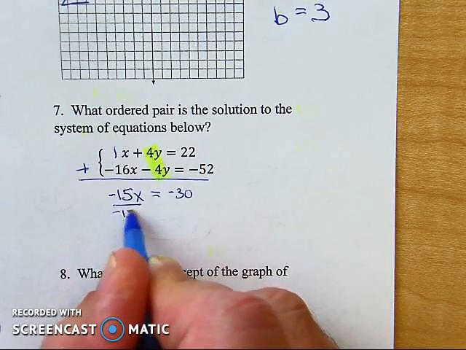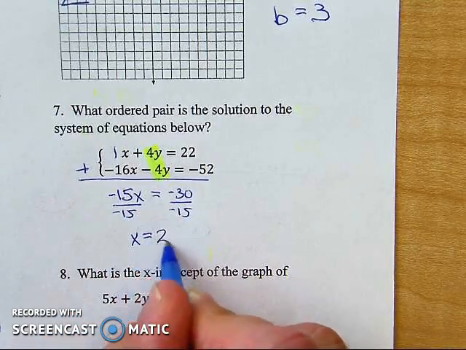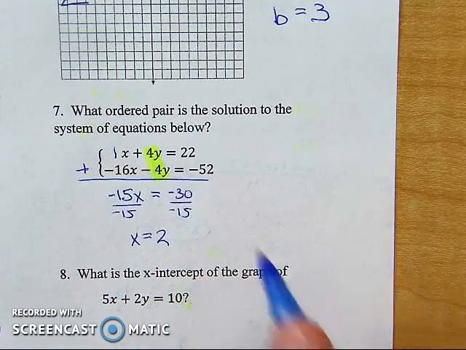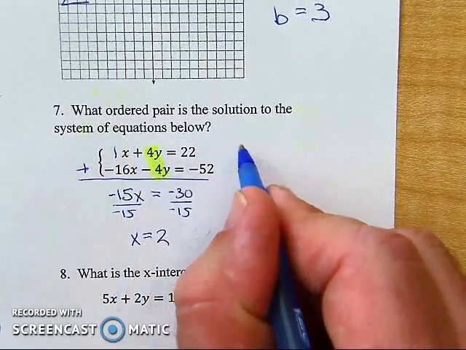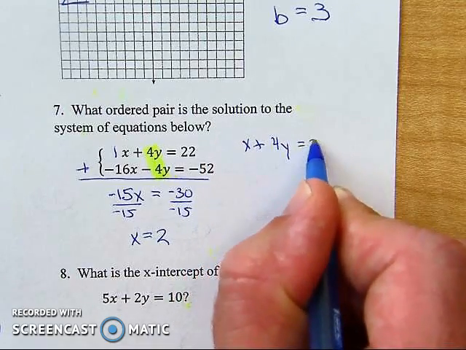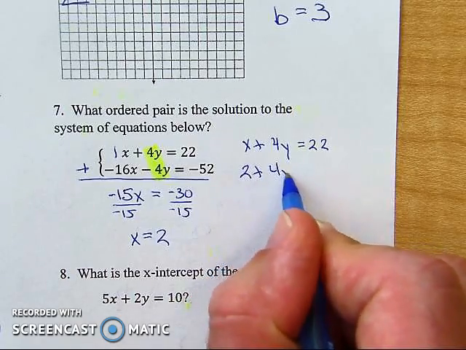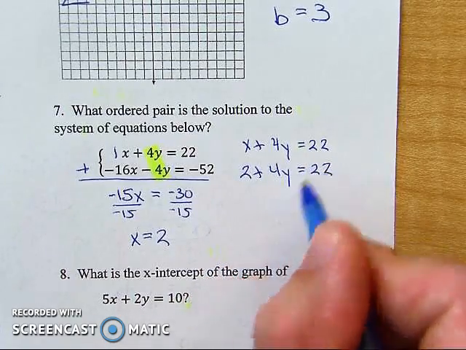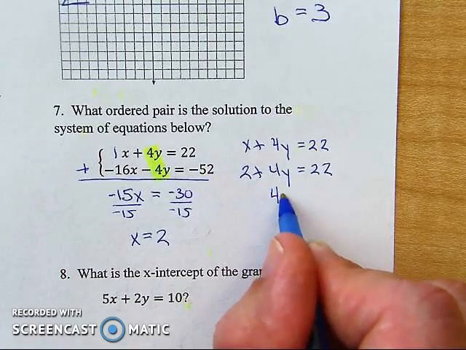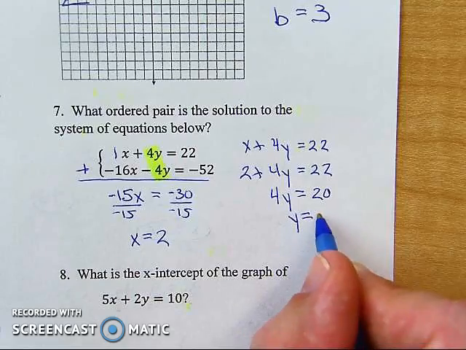Well, just divide both sides by negative 15, and you're going to get a 2. I'm almost done already. So I'm going to take that first equation there that was x plus 4y is equal to 22, and I'm going to plug in that 2 right there. So it's 2 plus 4y is equal to 22. Subtract both sides by that 2, and then divide by 4.